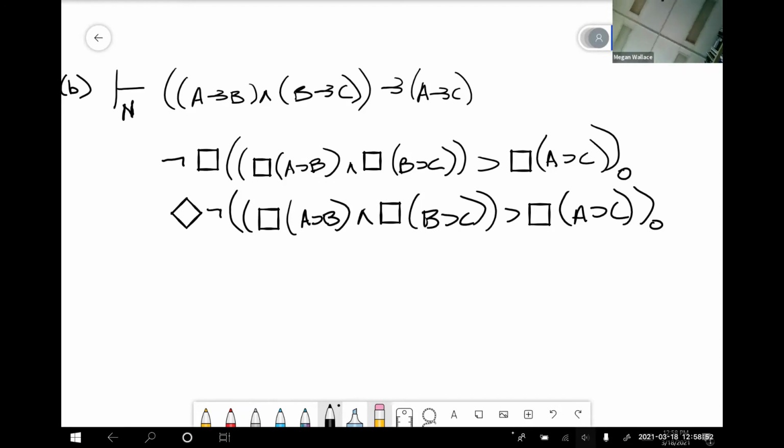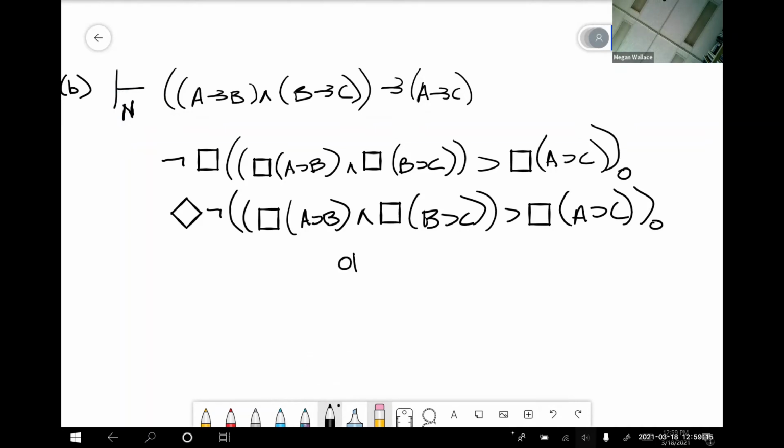A little bit easier. Okay, we are working in N, which means that we can use a diamond rule at normal worlds. Normal worlds are world 0 and any world where a box claim is true. Since we are at world 0, we get to assume that 0 is a normal world, so we do get to employ the diamond rule.